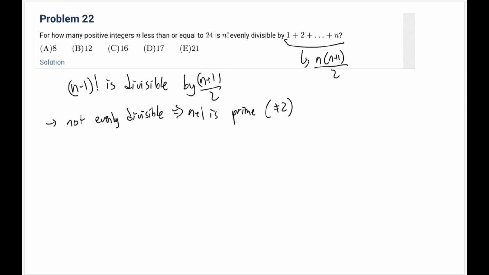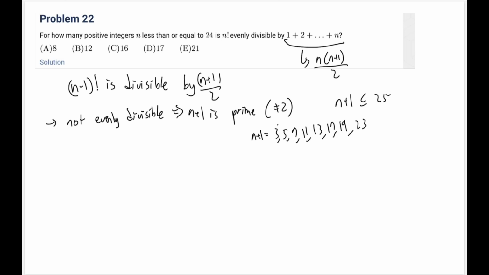So n has to be less than or equal to 24, so n plus 1 has to be less than or equal to 25, right? And so if n plus 1 is prime and it's not 2, then n plus 1 can be 3, 5, 7, 11, 13, 17, 19, and 23, right?